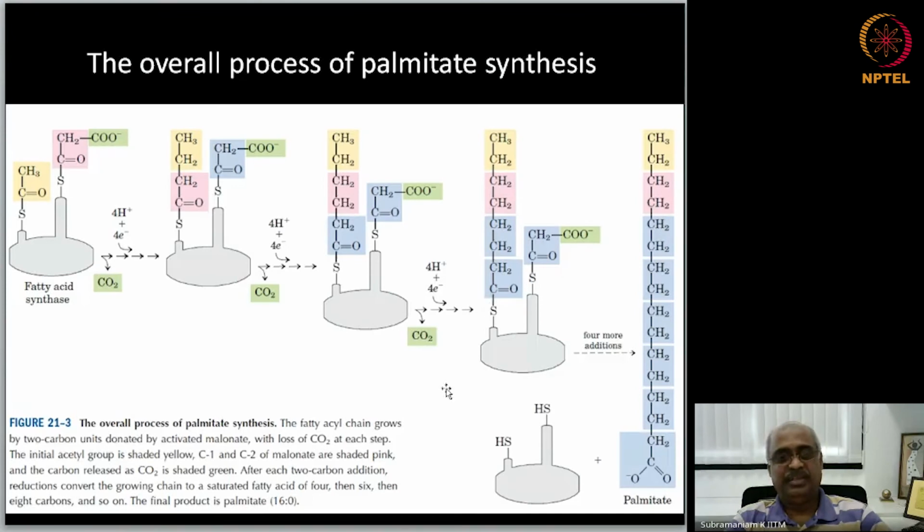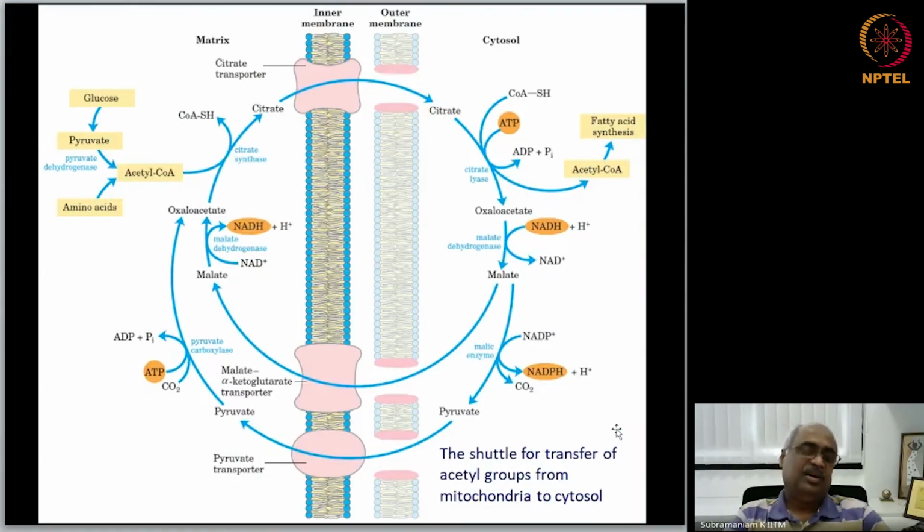Then you get this, and then you go through this multiple cycles. So that is 1, 2, 3, and then 4 more. Then you end up getting 16 carbon palmitate. Okay, so now that we have understood the 4 reactions plus the 3 preparative, let us say 7 reactions that make fatty acid biosynthesis possible.